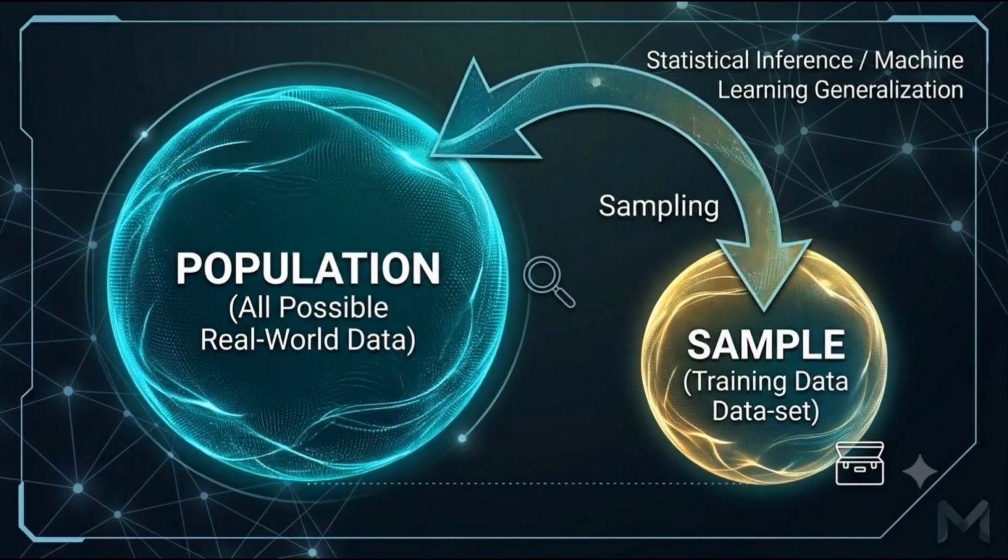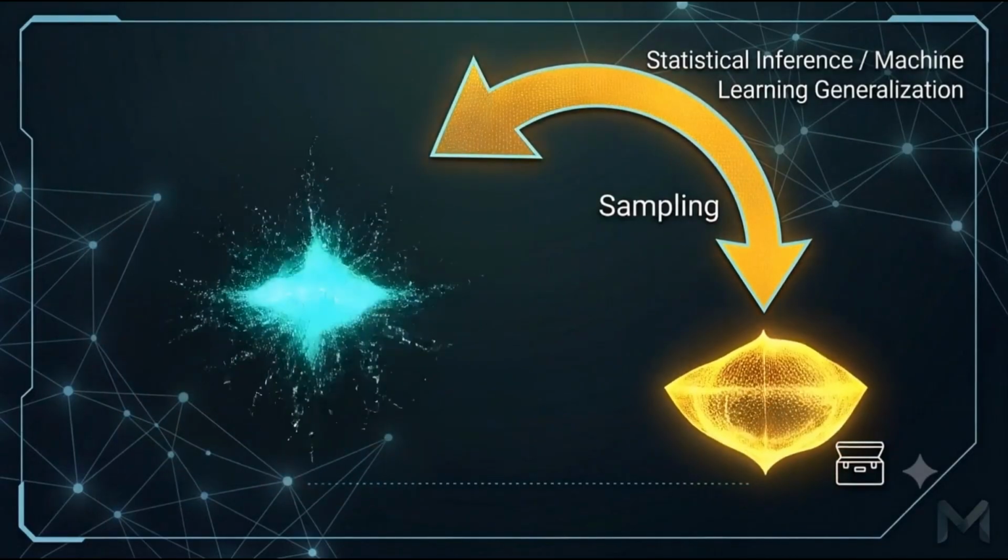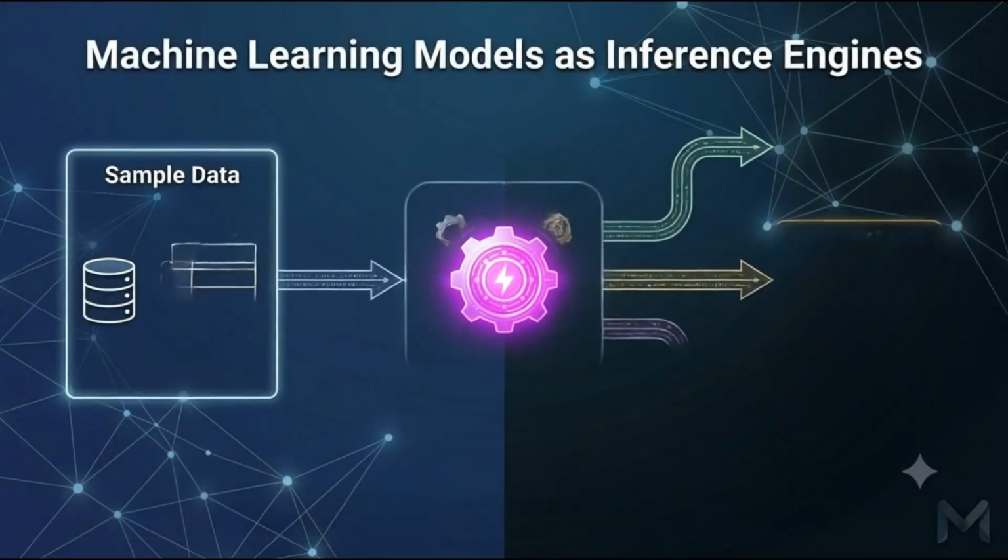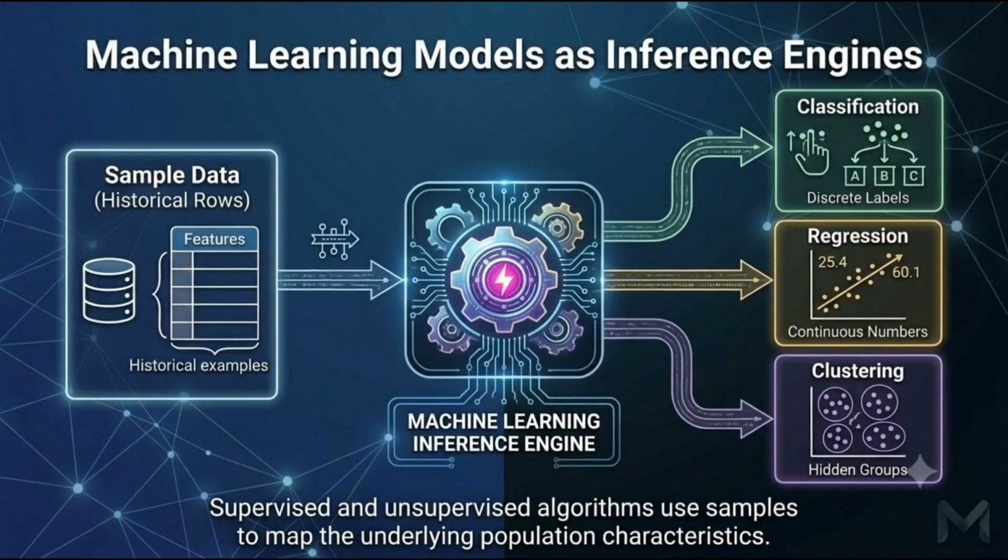Moving from what we see in a limited sample to making accurate predictions about the wider world is the core engine of inferential statistics. Inferential statistics is the formal process of drawing conclusions about a whole population based on a smaller piece of sample data. In essence, it is the science of generalization. Many of our classic machine learning models are, at their heart, formalized inference procedures.